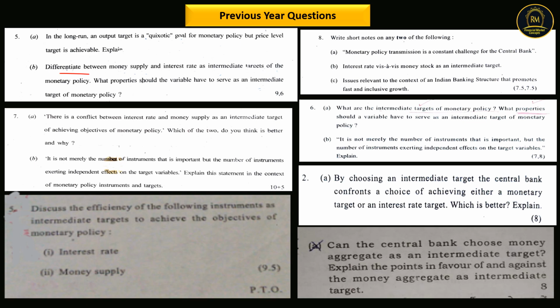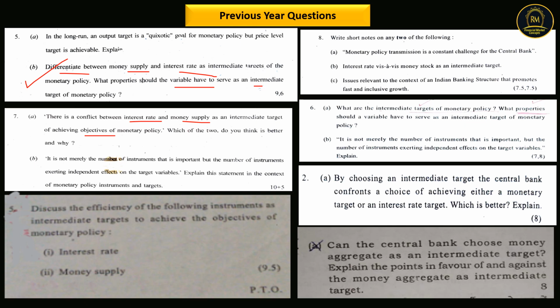The first question is: differentiate between money supply and the interest rate as an intermediate target of monetary policy. What properties should a variable have to serve as an intermediate target of monetary policy? Next is: there is a conflict between interest rate and money supply as an intermediate target of achieving the objectives of monetary policy.